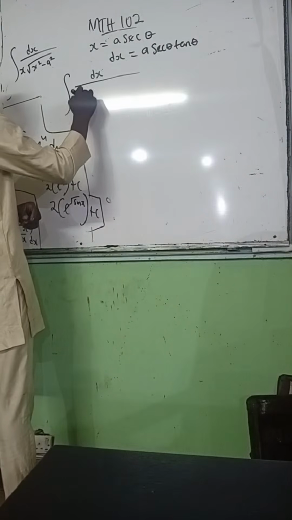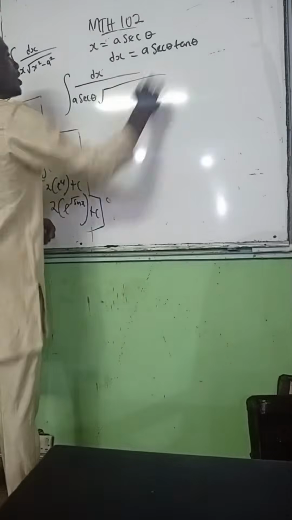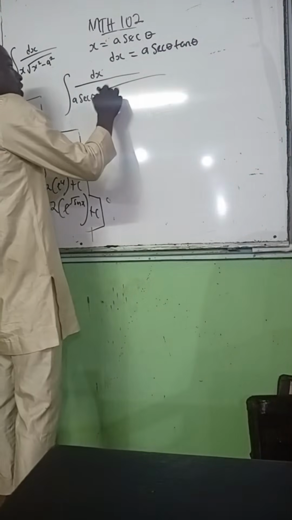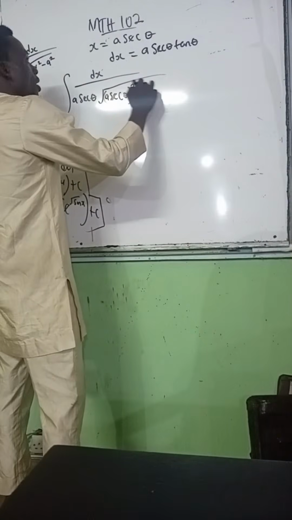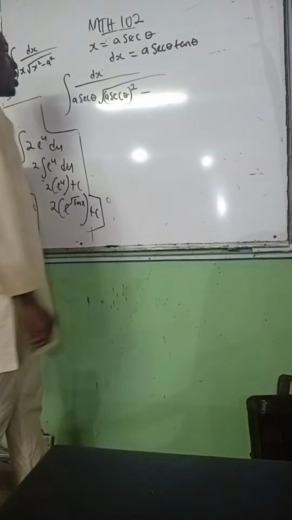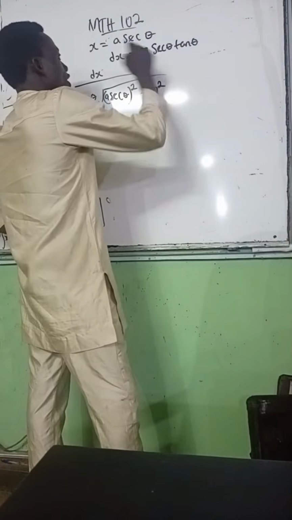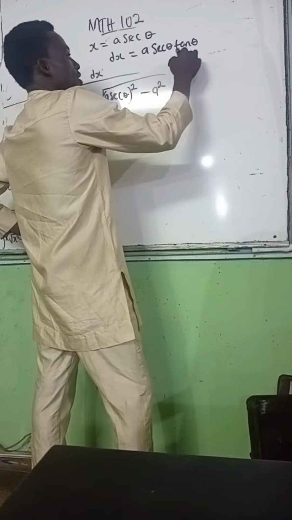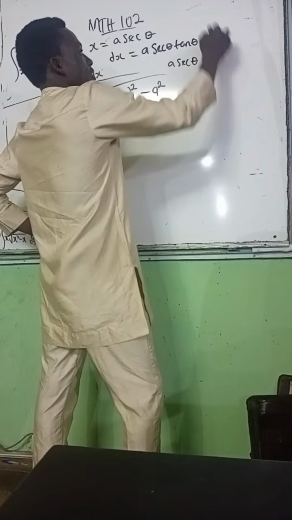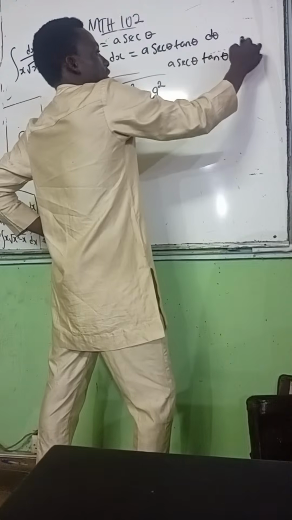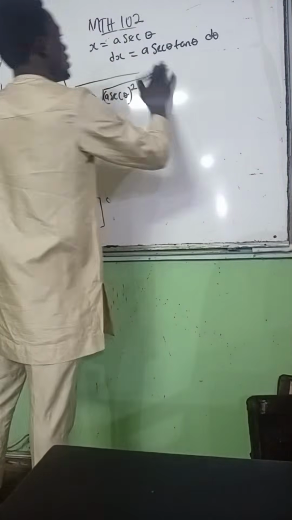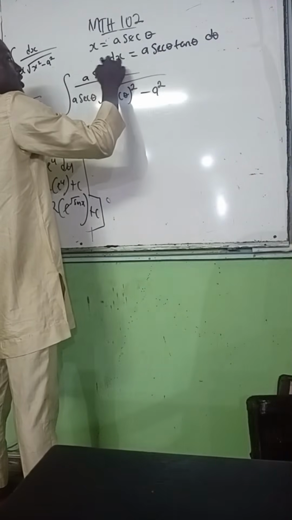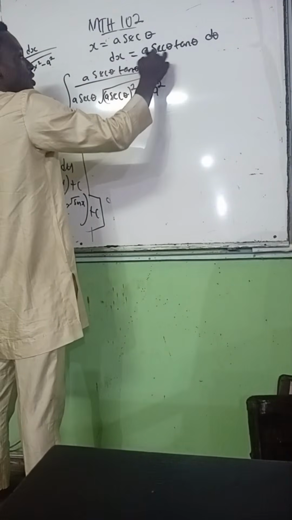So we have a sec theta root of a sec theta all squared minus a squared. Sorry, we are replacing dx. Our dx is a sec theta tan theta d theta.